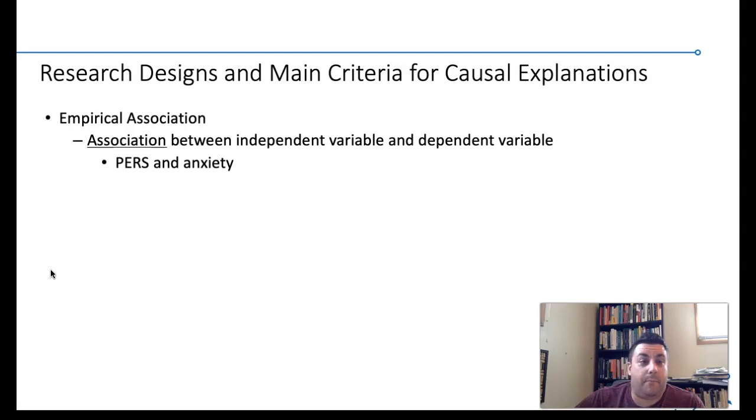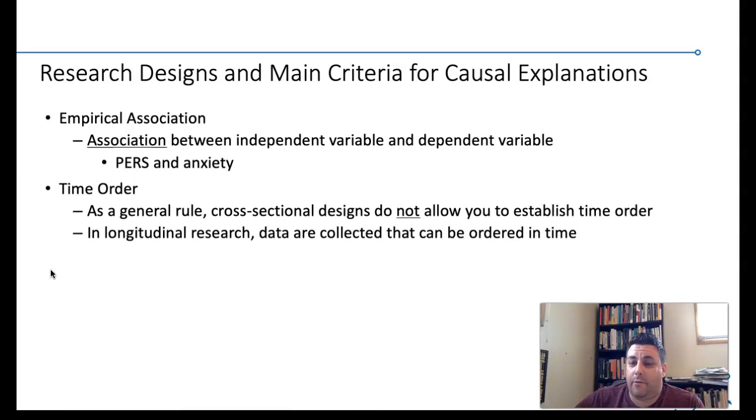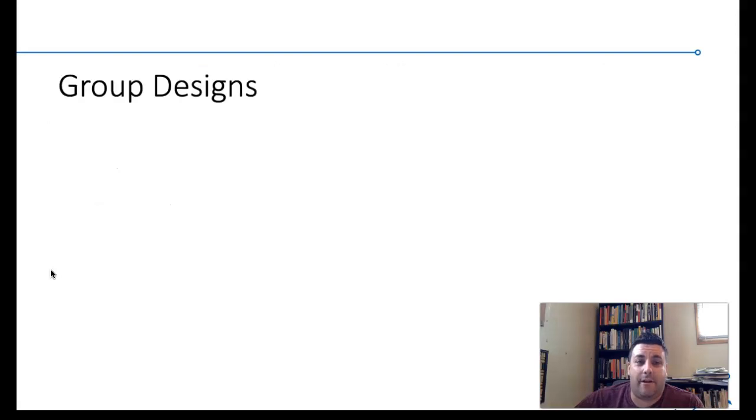There has to be an empirical association between the independent and dependent variable. There has to be a temporal order, or a time order. So you have to prove that the cause came before the effect. And that really can only be done with longitudinal research. That really can't be done with cross-sectional research, because you're measuring all the variables at the same time.